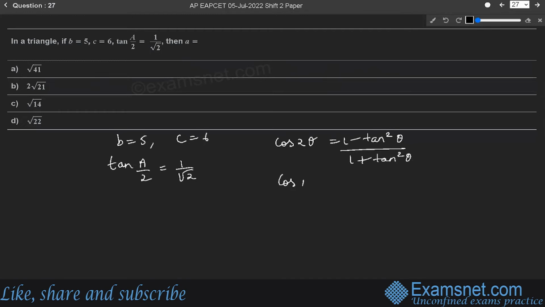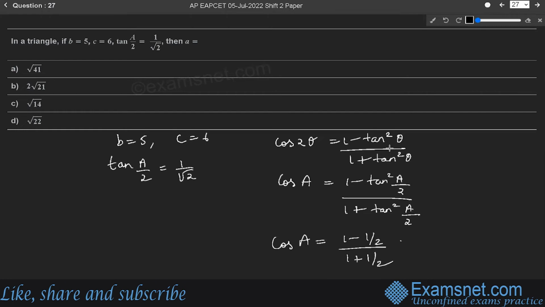So here cos A will be equals to 1 minus tan square A by 2 divided by 1 plus tan square A by 2. On putting the value, cos A will be equals to 1 minus 1 by 2 divided by 1 plus 1 by 2, which is equal to 1 by 2 divided by 3 by 2, which is equals to 1 by 2 into 2 by 3. So it gives 1 upon 3.